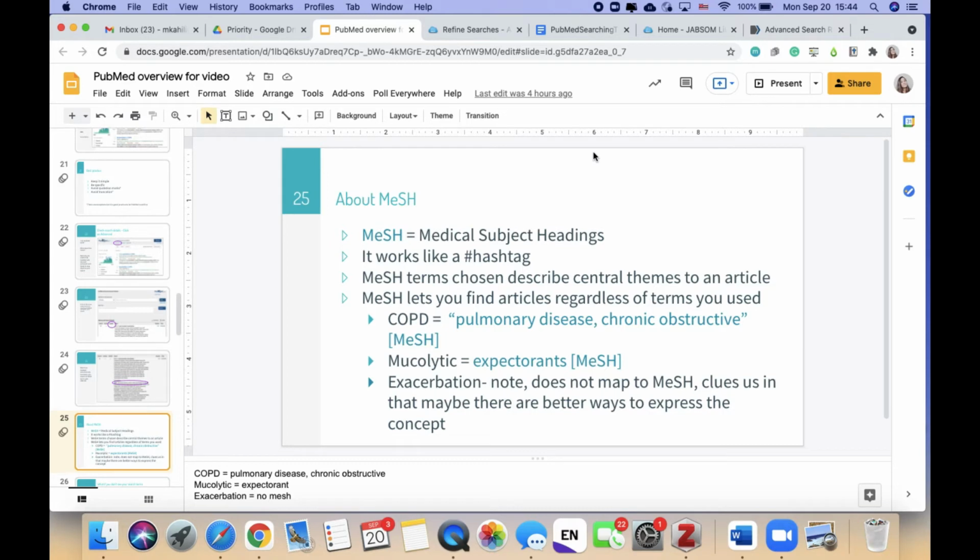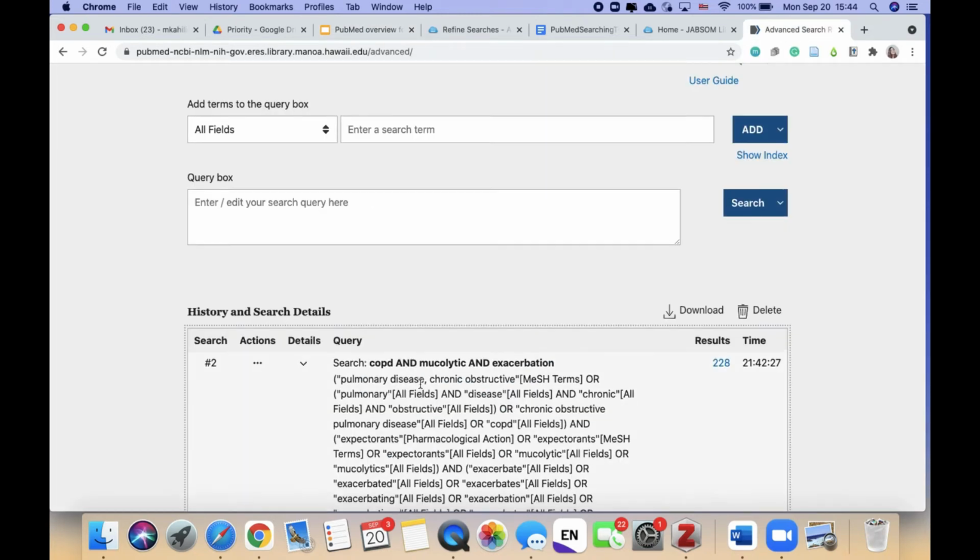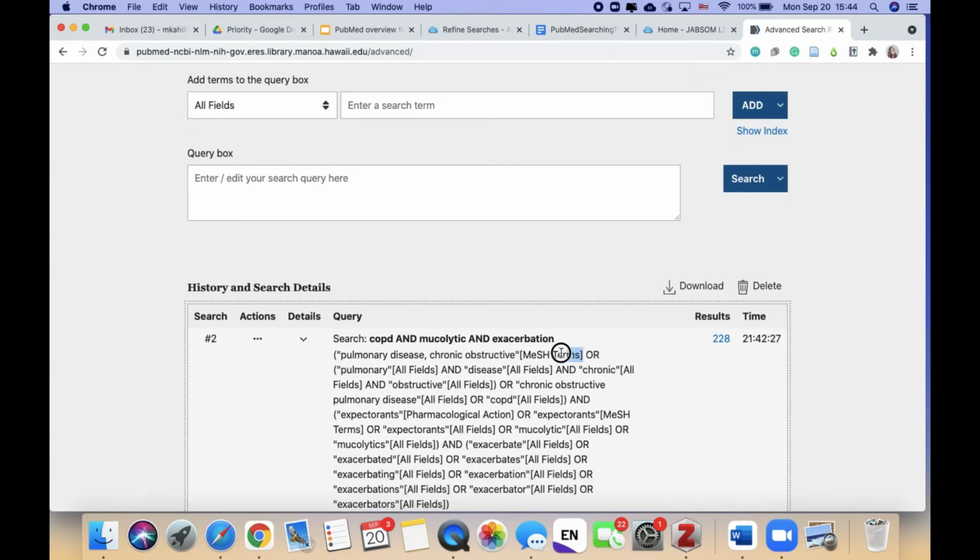So a little bit more about the medical subject headings. MeSH, or the medical subject headings, works kind of like a hashtag. The reason we want to map to this is because this is the part of PubMed that is MEDLINE. It's the part that the National Library of Medicine takes care of, where an indexer is assigning these terms.